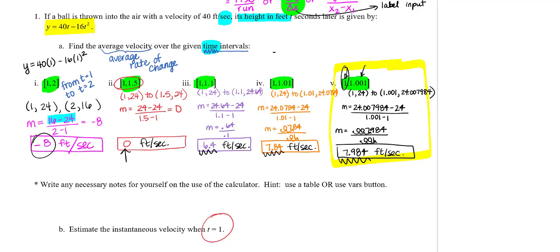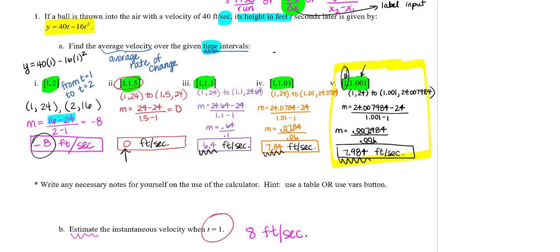So I could estimate it, and again, when they say estimate, you're going to go ahead and give a pretty good estimate. Well, if that average rate of change or average velocity was 7.984 feet per second, my estimate for that instantaneous velocity is going to be something close to 8 feet per second.